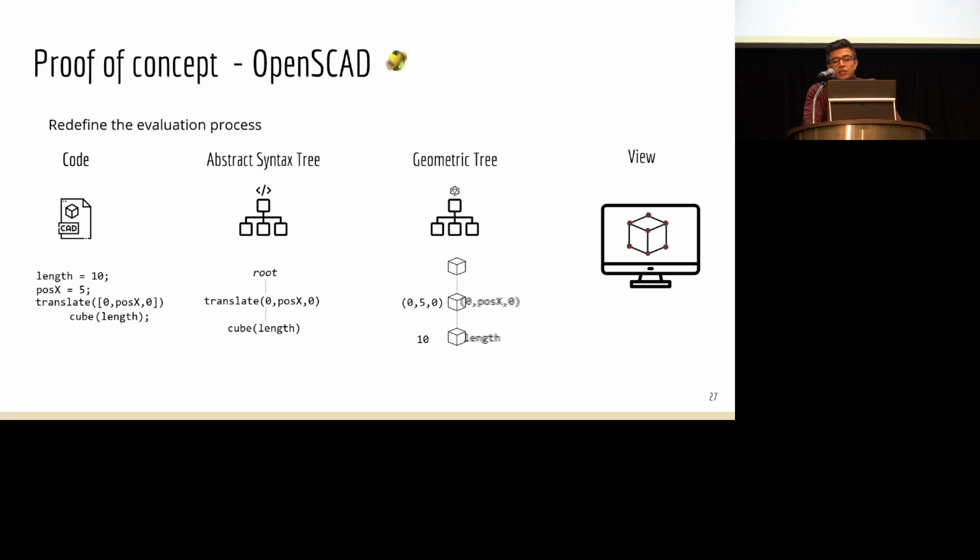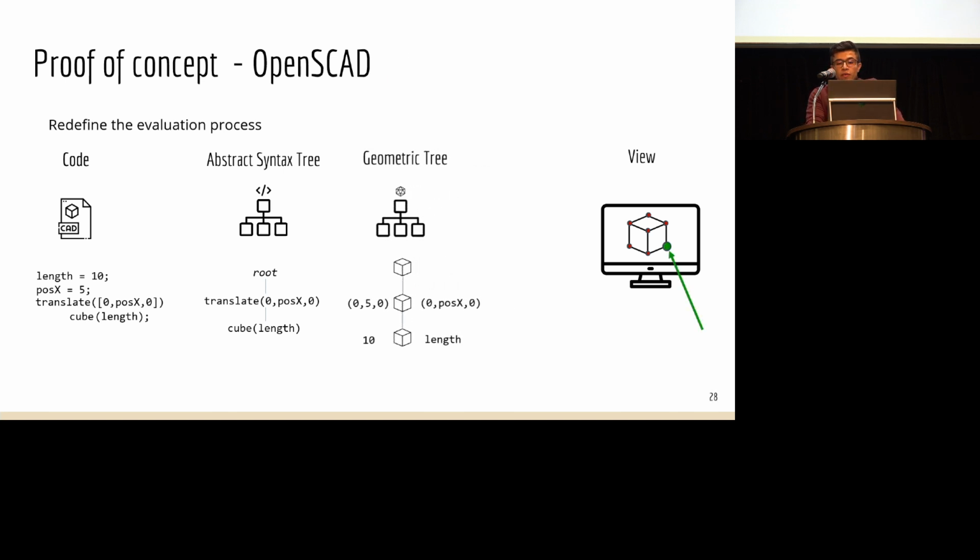So we modified OpenSCAD to also allow different nodes to keep the information about the definitions, using the variables in the code. When the user interacts with a specific handle, each node is capable of retrieving the information of the variables used in its definition and iterating backwards in the tree, so we can identify other transformations to finally get the global position.